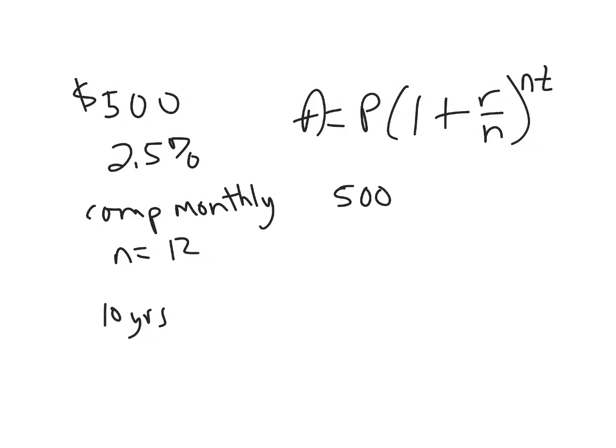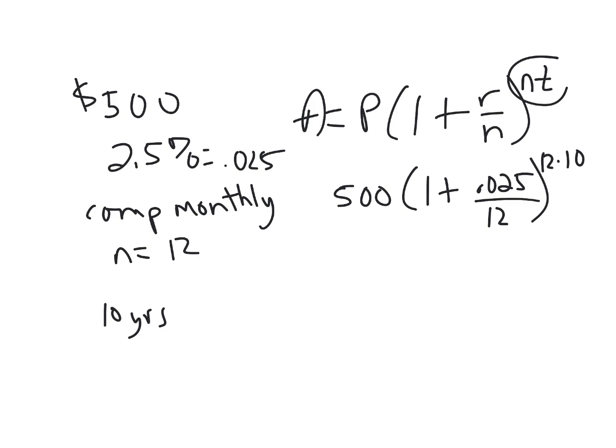So we're going to have 500 times 1 plus 0.025, because 2.5% as a decimal is 0.025, and then we're going to divide by 12. And now we're going to take this to the 12 times 10, my n times my t. So again, I have to do this first.